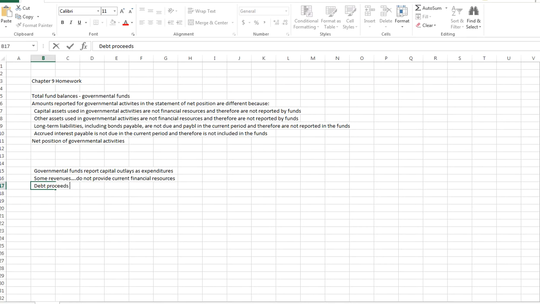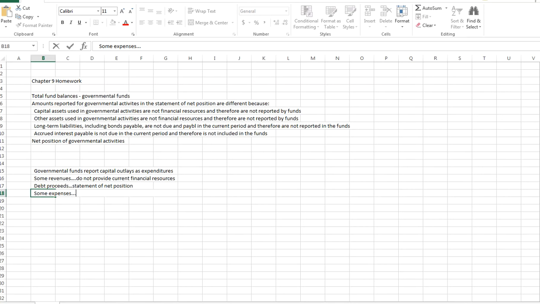Debt proceeds provide current financial resources to the government funds, but issuing debt increases long-term liabilities in the statement of net position. So you're going to see the differences there. And then some expenses, just like revenue, some expenses, and you're going to have to watch your positives and negatives.